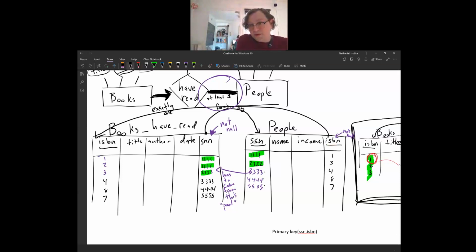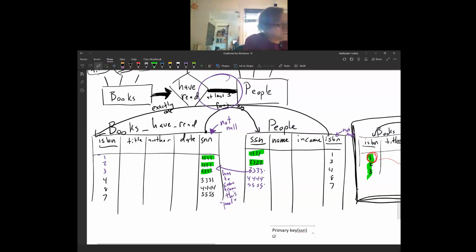Now, when you're defining this, you can only have one primary key, but you could have a unique one. So this is how it would work, unique ISBN. So unique is kind of like just declaring another primary key. So that's this unique word. If you look it up, this exists in the SQL language, and here's why.